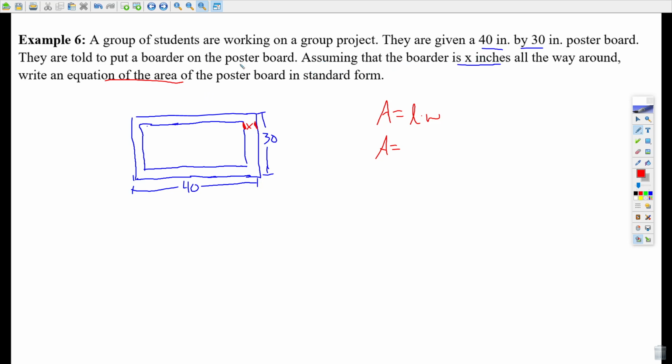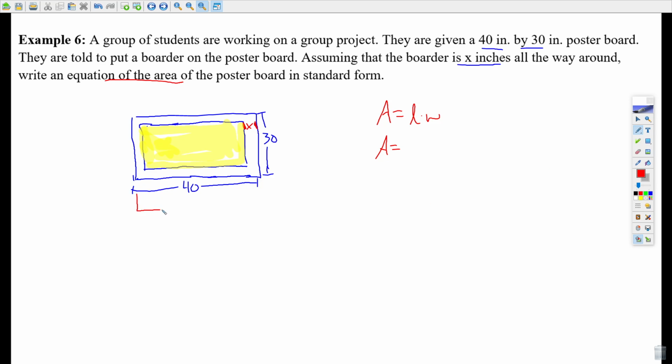Assume that the border is x inches all around, write an equation of the area of the poster board. So I think we're going to try to find the inside part here. So we want to find the area of this, where you're actually going to draw. So all this stuff. So that makes things a little bit more difficult because we have to really take out the thickness of this board that goes around. So it's a little bit harder to figure this one out.